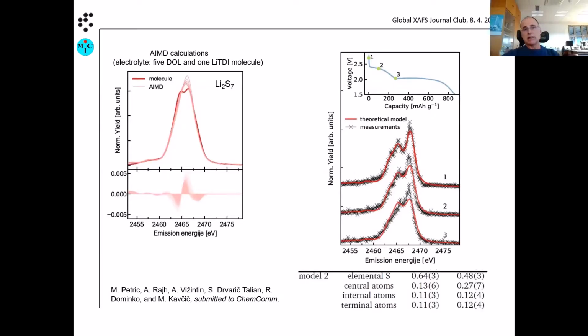With this, you can now try to fit this series, because here we were interested mainly in polysulfides, and you get, let's say, not perfect fits, but you fit as it is. And most importantly, again, you get even the numbers. In the fit, you get the numbers, and these numbers make sense. You can really see the amount of sulfur that has been converted.